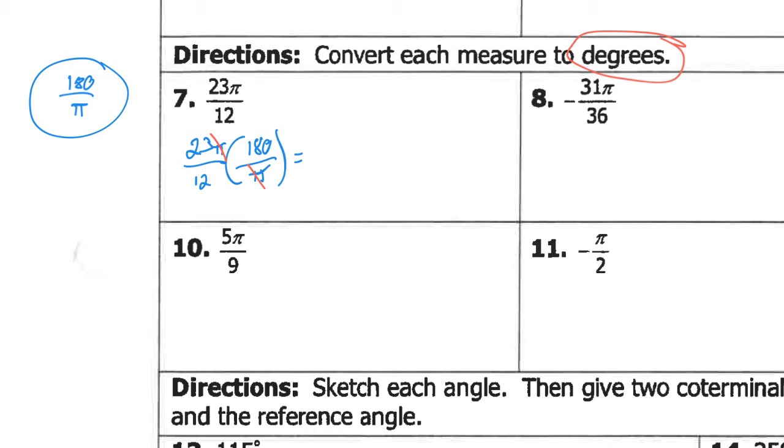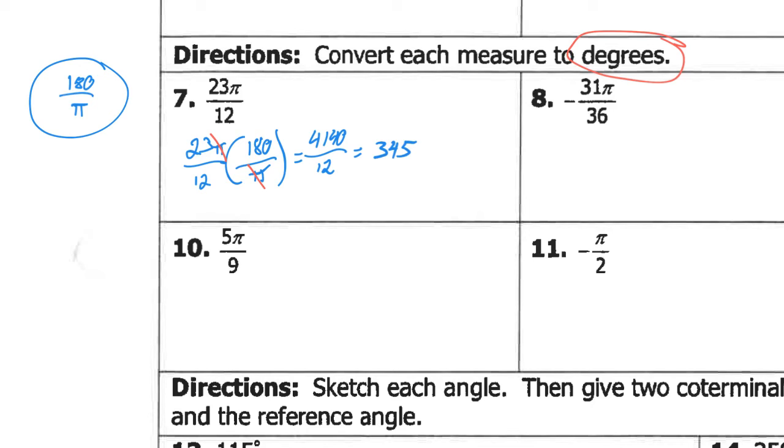So I just multiply straight across: 23 times 180 gives me 4,140, and on the bottom I just have 12. Take 4140 divided by 12, and you come out to 345. So there's the degrees for that angle.